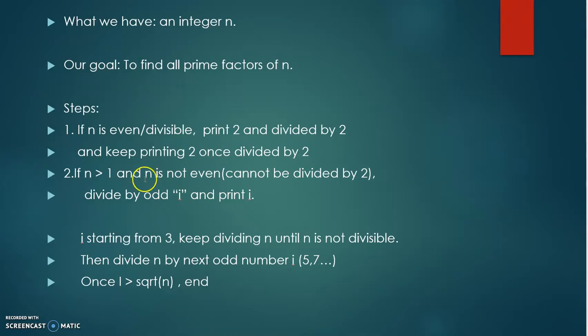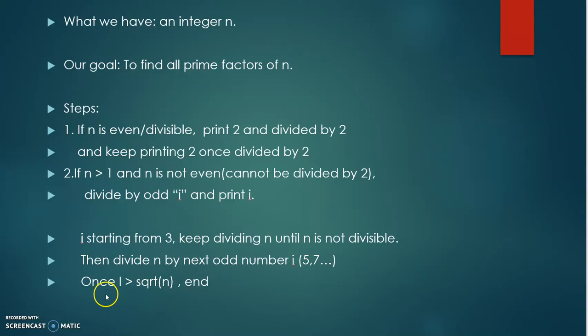We divide the integer n by an odd number I, and we print the I. The odd number I starts from 3, so we keep dividing n by 3 until n is not divisible by 3. After that, we divide n by the next odd number I. So the next number after 3 is 5, and then 7, and so on.